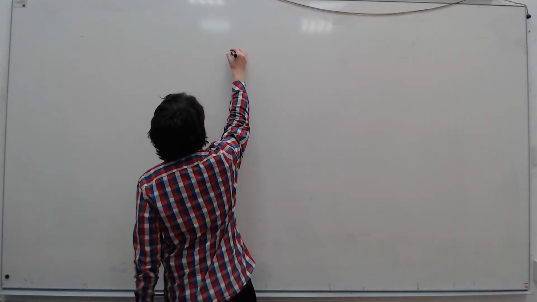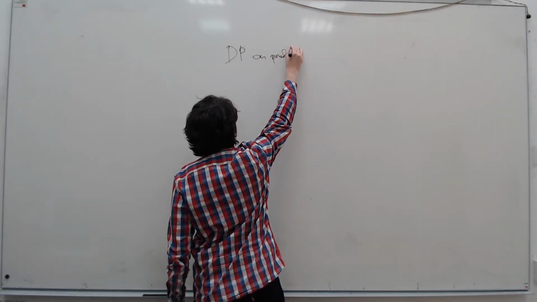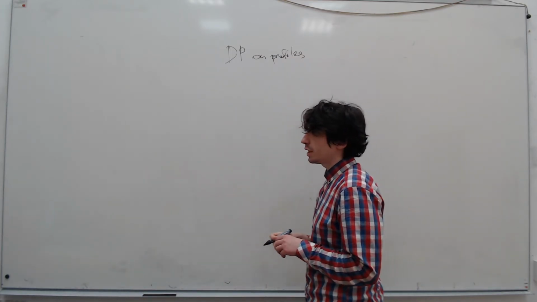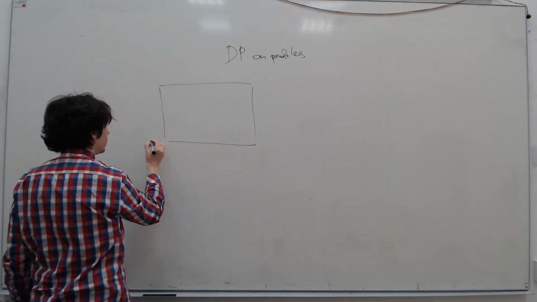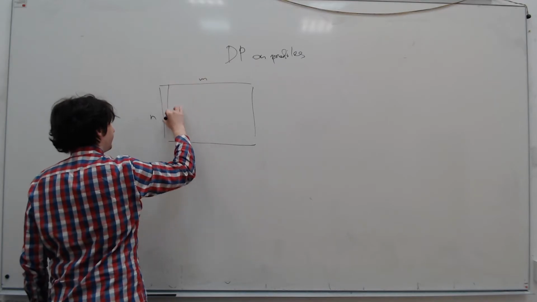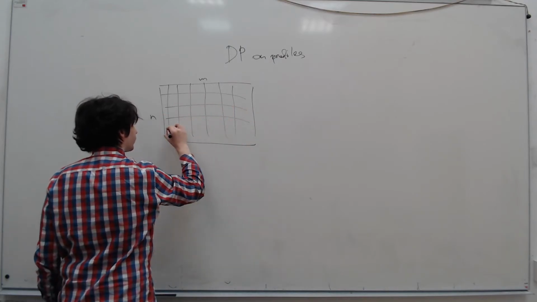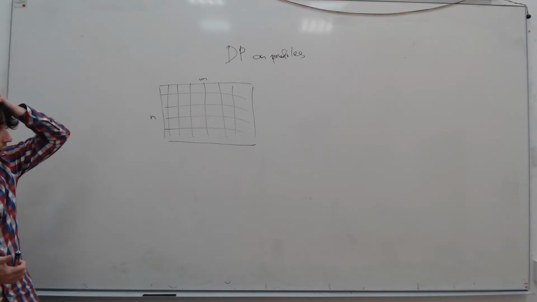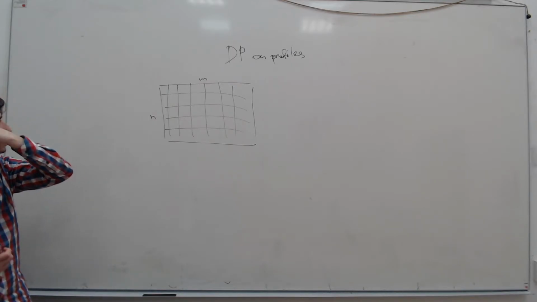And finally, we will talk about DP on profiles. So what does it mean? Suppose you're given a table n times m, and you want to calculate the total number of ways to put dominoes on it.